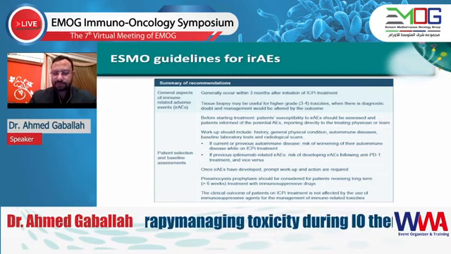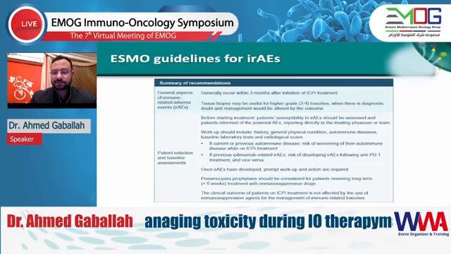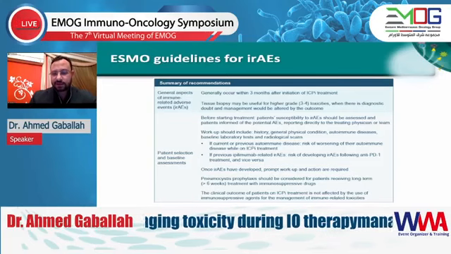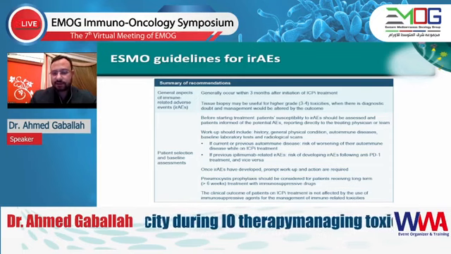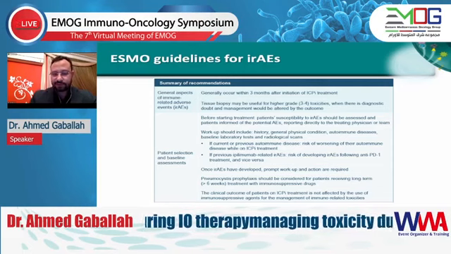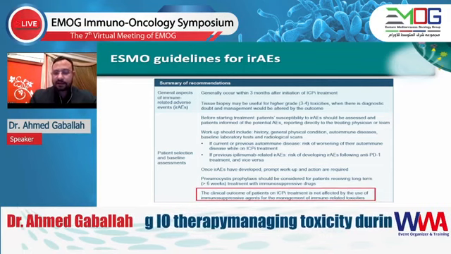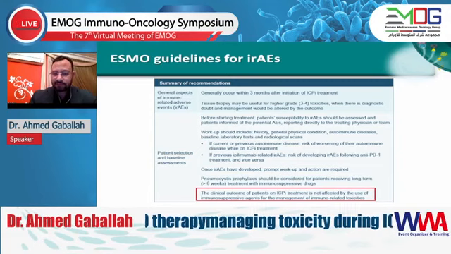Also, if the patient developed an immune-related adverse event and will be exposed to immunosuppressant or corticosteroid treatment for more than 6 weeks, take care that the patient may get pneumocystis. So we should give prophylaxis against pneumocystis during the therapy. These important statements came from the ESMO.